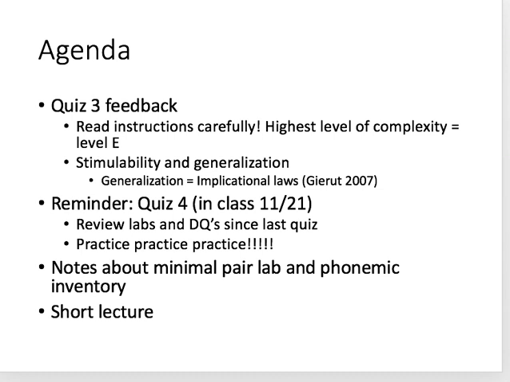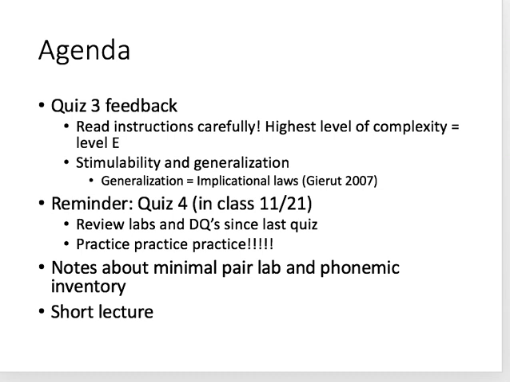Okay, I want to review two things here that a lot of people missed. The first is that we still aren't reading instructions very carefully. One of the questions in the beginning of the quiz said, provide a singleton target that you would pick to bring the child to the highest level of complexity.